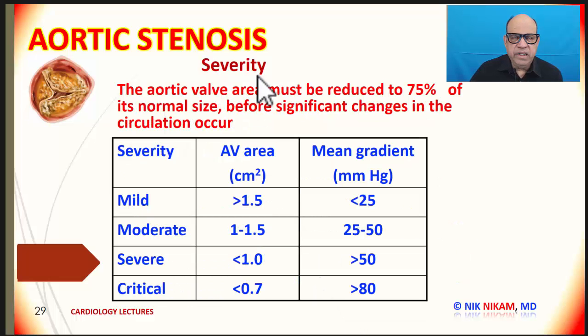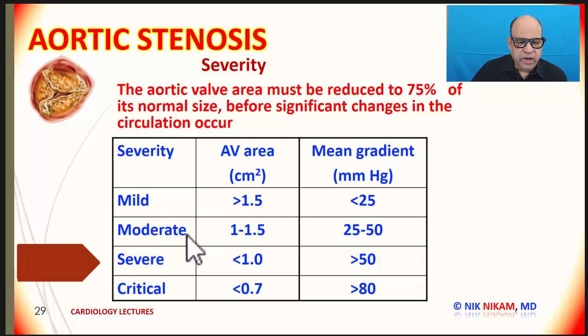How do we define the severity of aortic stenosis? The aortic valve area must be reduced to greater than 75% of its normal size before significant hemodynamic changes occur in circulation. The normal aortic valve area is anywhere between 2.5 to 3 centimeters square, and anytime the aortic valve area decreases to a little more than 1.5 centimeters, it is considered mild aortic stenosis.